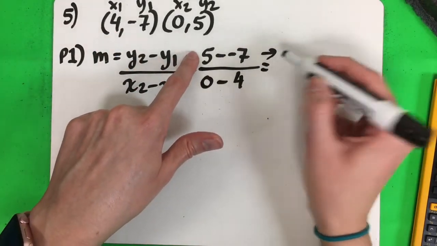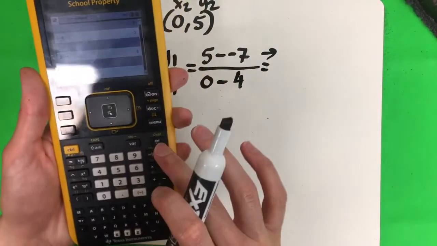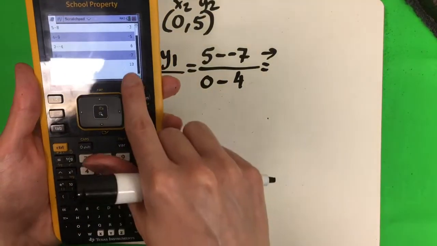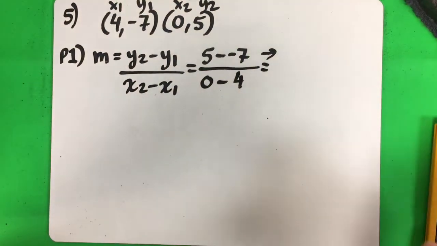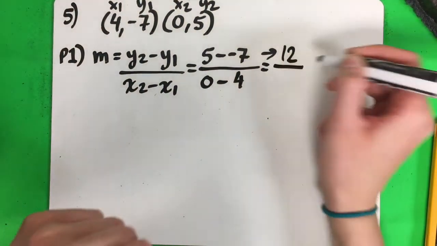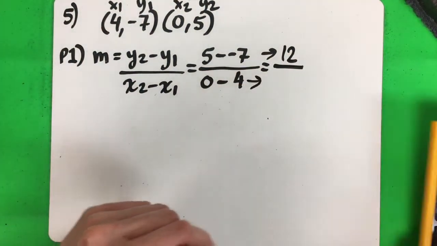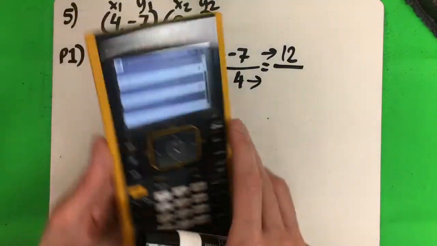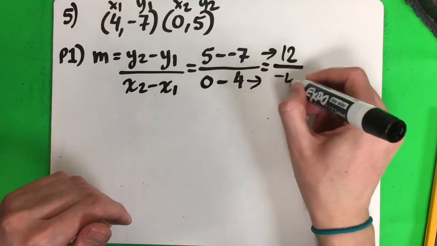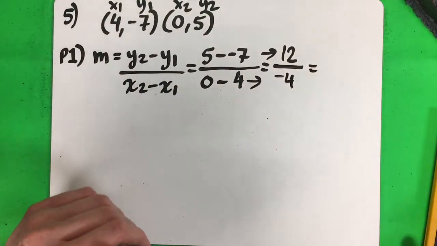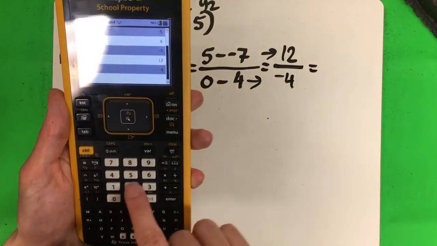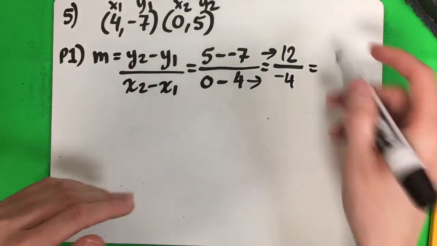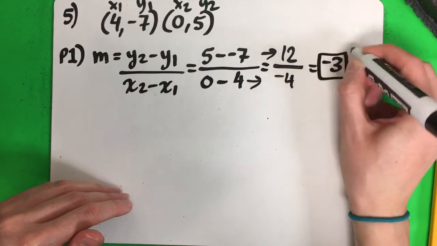So 5 minus negative 7, 12, divided by 0 minus 4, negative 4. 12 divided by negative 4, negative 3. This is m.